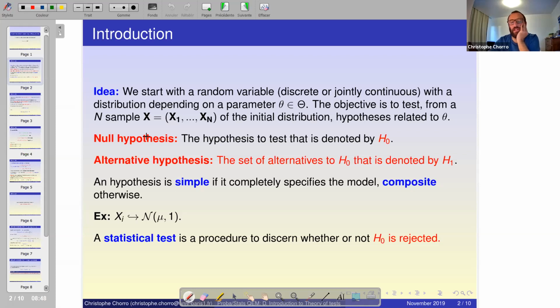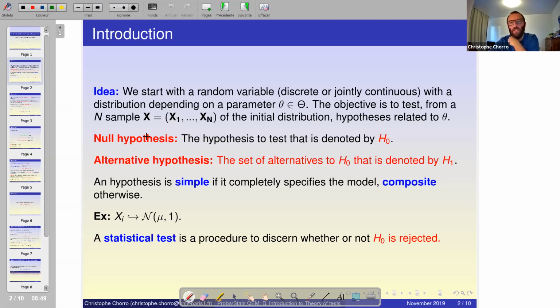So in the part concerning estimation, my idea was to have a way to approximate my theta using my observations. That is the aim of the estimation part. We have seen that one systematic way to do this is to use the maximum likelihood estimator.